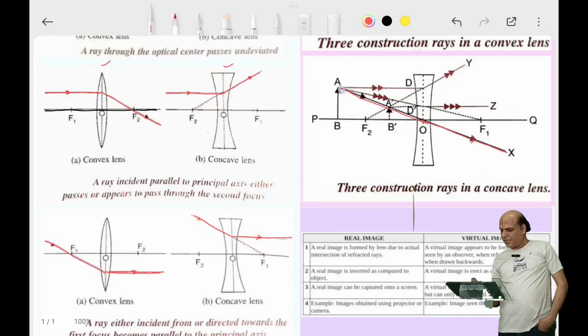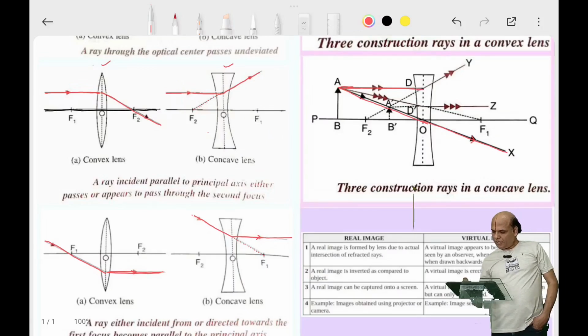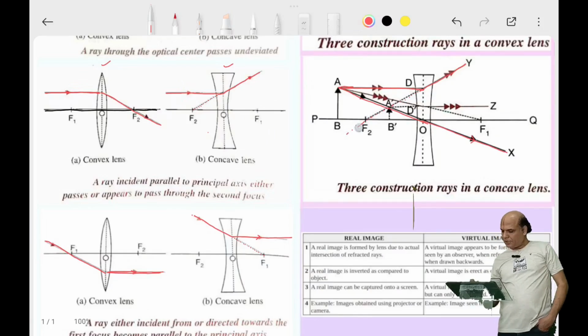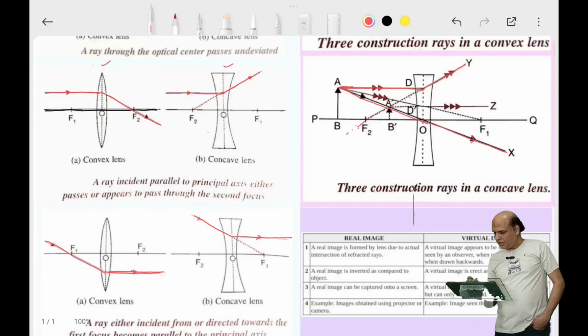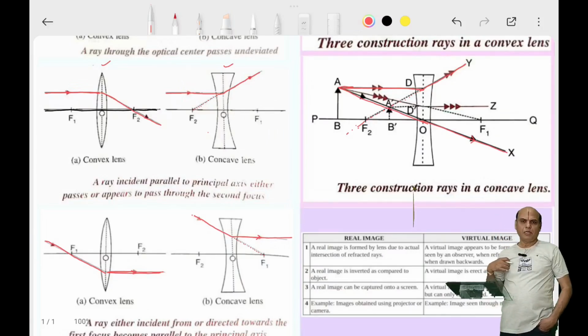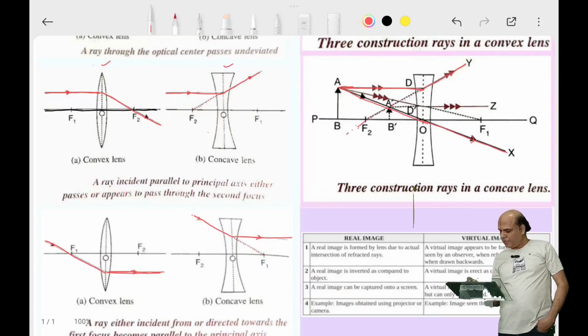Then consider the second kind of principal light ray, AD, which is incident on the lens surface parallel to the principal axis. After refraction, it is diverged, and this divergent ray, when drawn backwards, passes through the focal point F2 on the principal axis. So these two rays are meeting at point A dash. These two principal light rays are sufficient to arrive at the image point A dash.